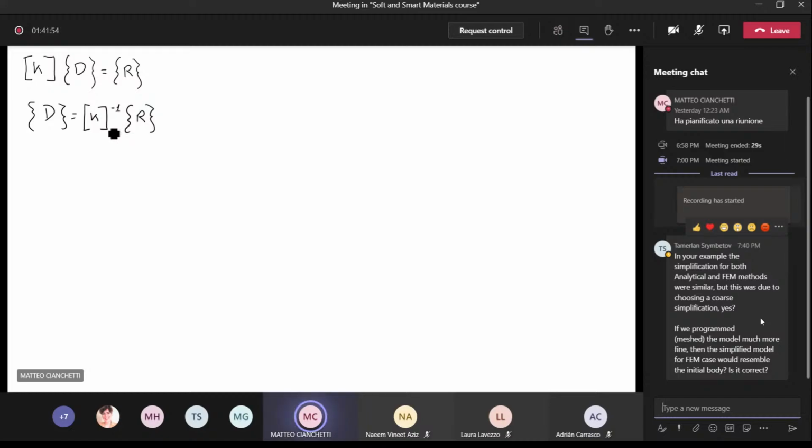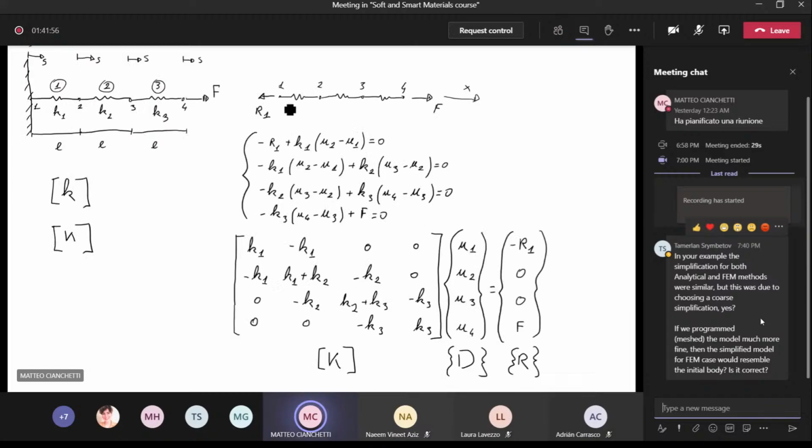Why does this happen? Because if we go back to the model that we used, we didn't fix the entire system in any way. We considered everything, but the model is free to move everywhere. That's why the matrix is singular: we didn't put any hard constraint on the motion of the nodes.